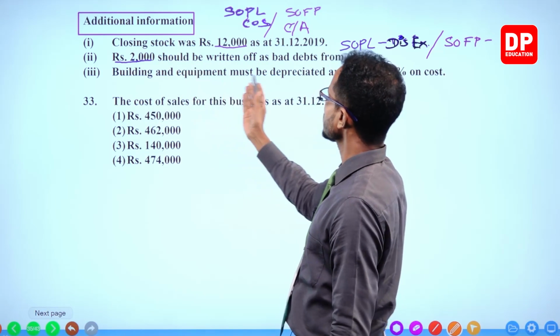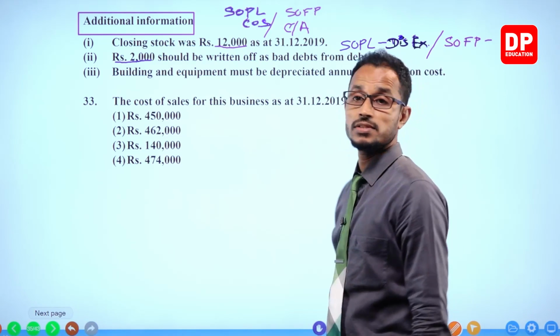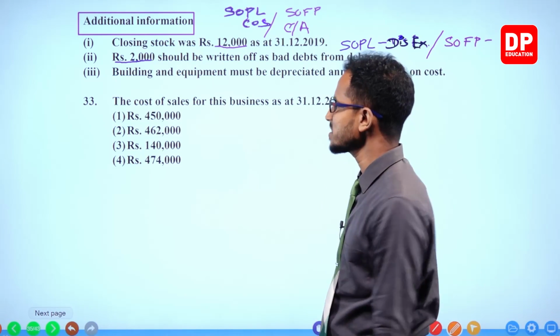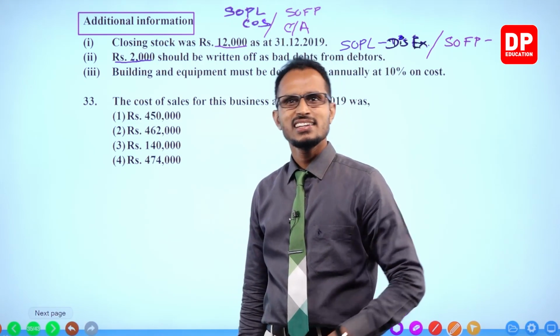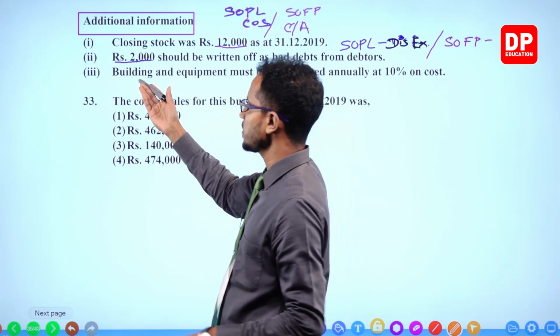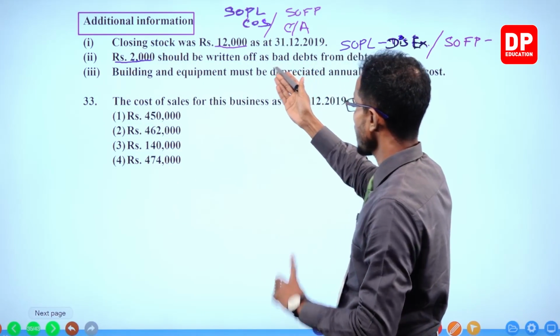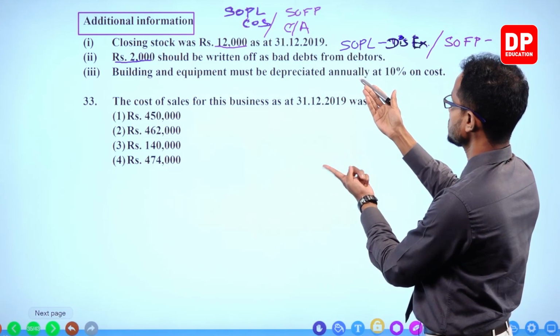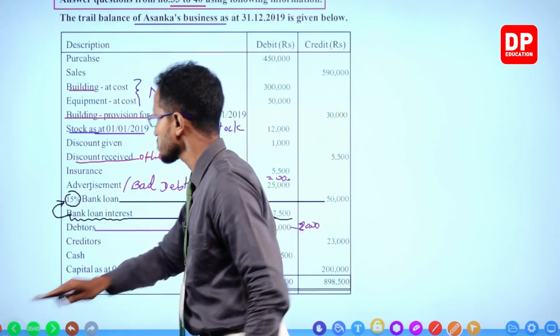Building and equipment must be depreciated annually, 10% on cost. Building and equipment, both assets must be depreciated. Not a big deal. Let's take the building's cost and the equipment's cost and apply this depreciation of 10%.